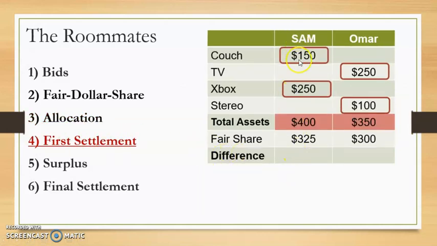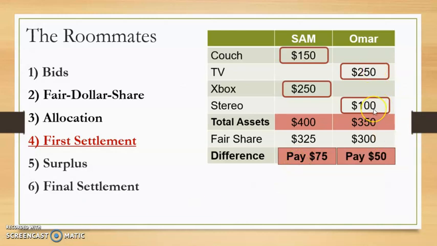And in the first settlement, we award the couch and the Xbox to Sam, which has a total value of $400. Remember that Sam's fair share was only $325, so he received assets worth more than his fair share. So he is going to actually pay the difference between those of $75.